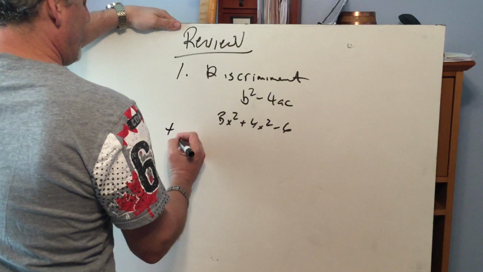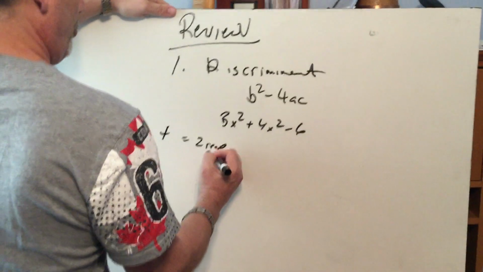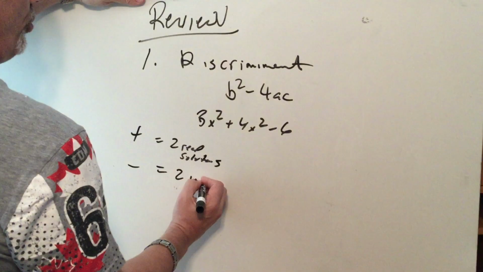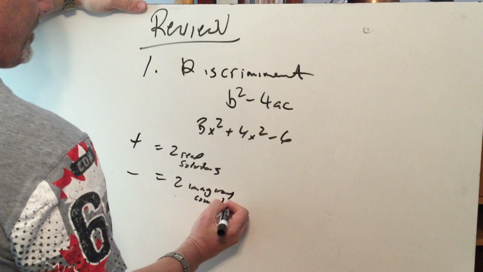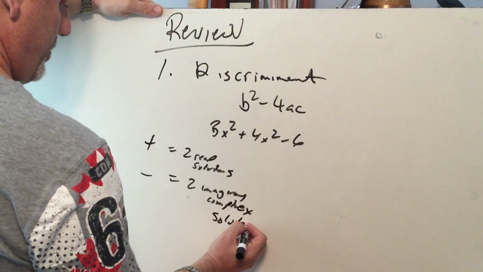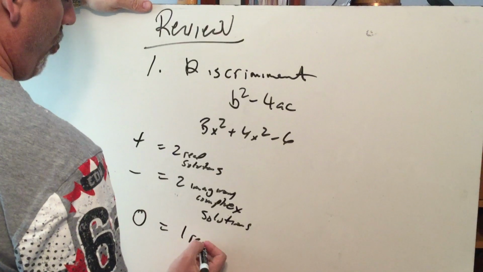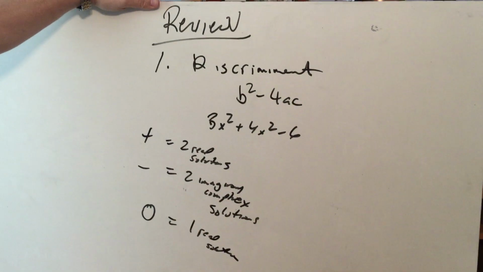If you get a positive answer, it's 2 real solutions. If you get a negative answer, it's 2 imaginary solutions, or the word complex might occur. And if you get the number 0, you have 1 real solution. That's all you have to know about the discriminant.